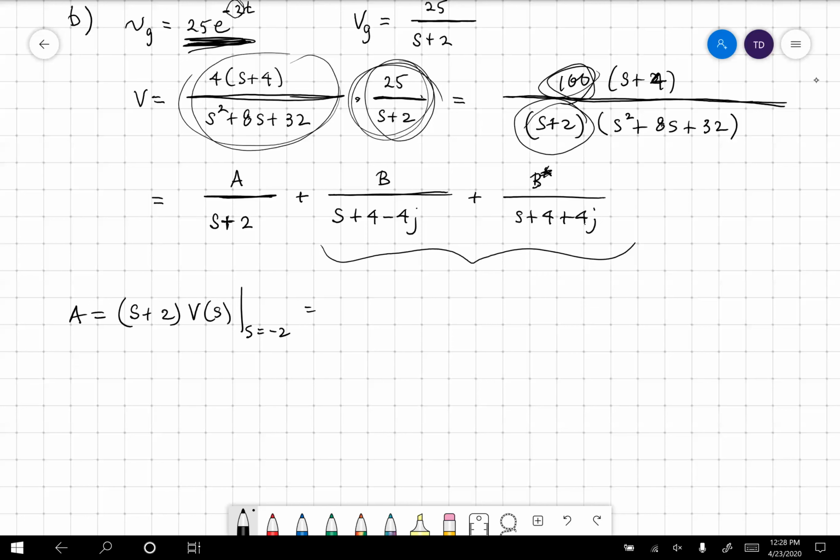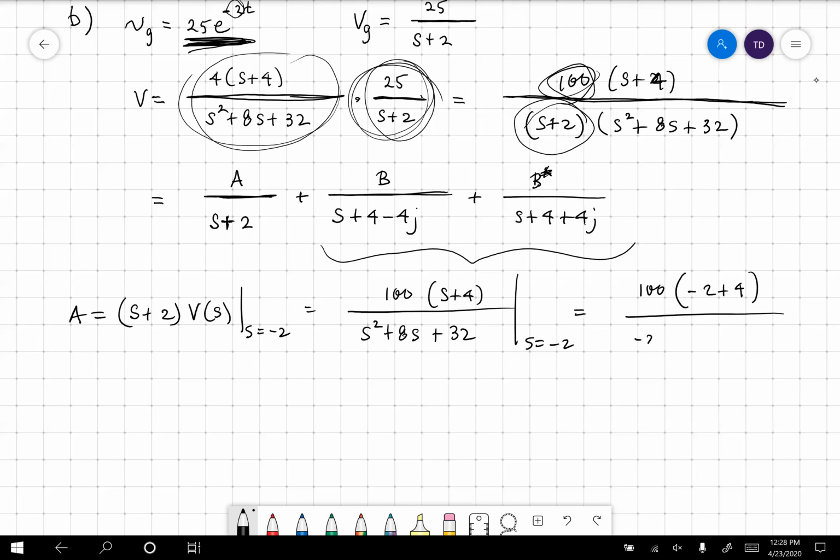So that's going to be equal to 100 times S plus 4 divided by S squared plus 8S plus 32, evaluated when S is equal to minus 2. And I know you can see how, gosh, you want me to give you a lot of these. When there are no complex numbers, these are pretty easy to work with. 100 times minus 2 plus 4, divided by minus 2 squared plus 8 times minus 2 plus 32.